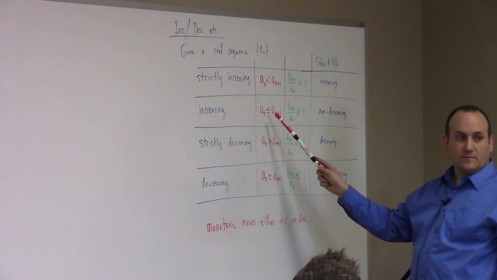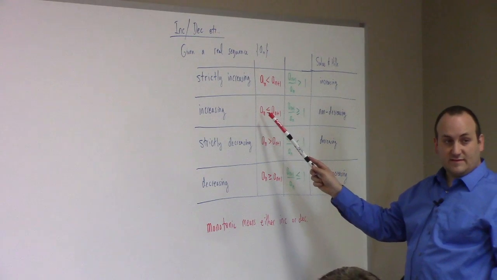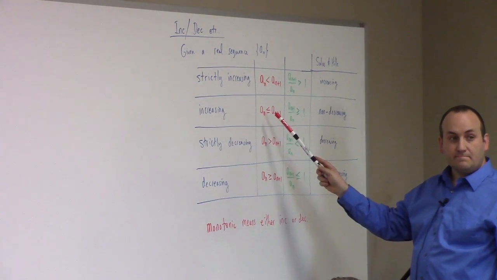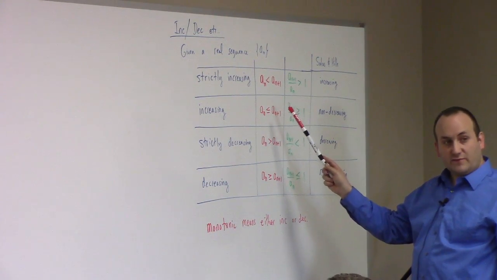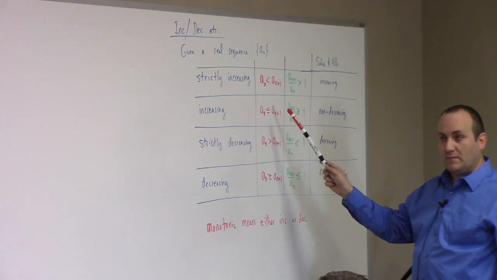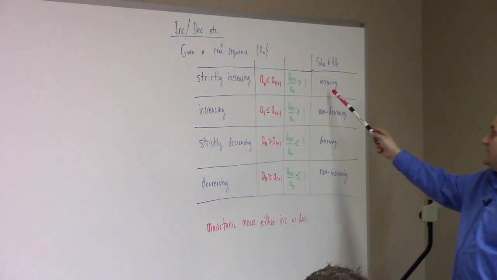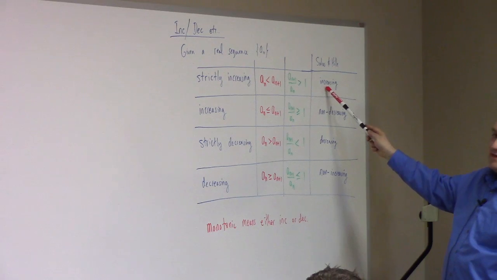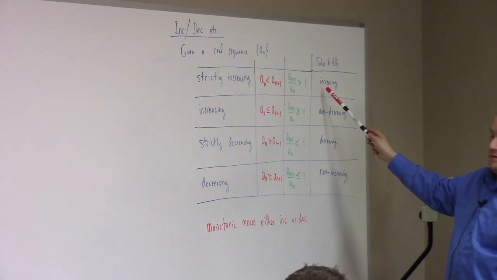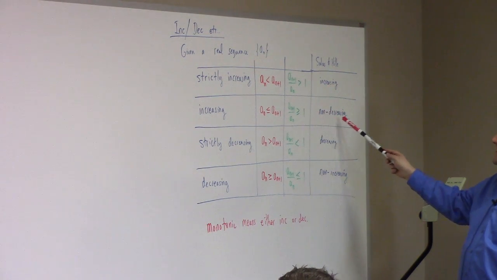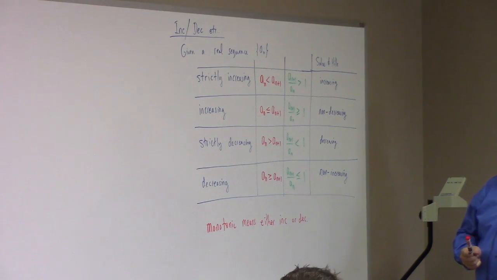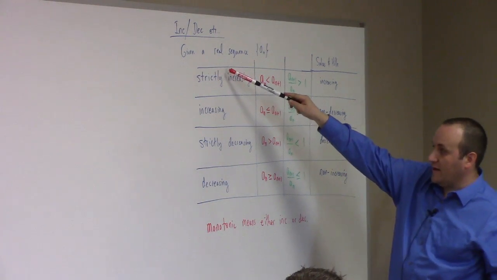For example, a constant sequence would still be increasing, but it would not be strictly increasing. Now, in contrast, the book says that strictly increasing, he calls that just increasing, and he calls increasing non-decreasing.